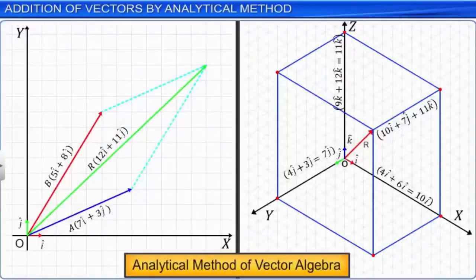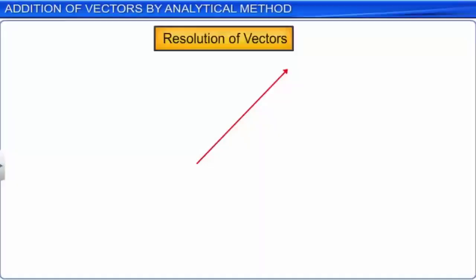Before learning the analytical method of vector algebra, you should understand the concept of resolution of a given vector in any two required directions. To understand the resolution of vectors, consider three vectors A, B, and C lying in one plane. In this case, you need to resolve vector A along the directions of B and C.